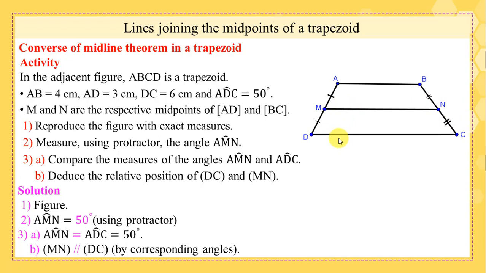So in any trapezoid, the line or the segment joining the midpoints of the two non-parallel sides of the trapezoid is parallel to the bases. It is parallel here to DC, and DC is parallel to AB, then the three segments are parallel. So the line or the segment joining the midpoints of the non-parallel sides of any trapezoid is parallel to the bases.